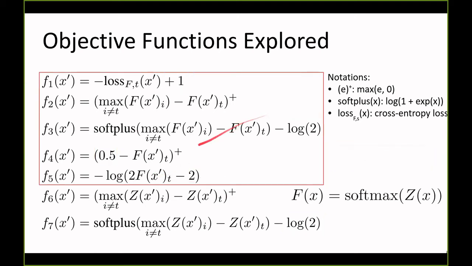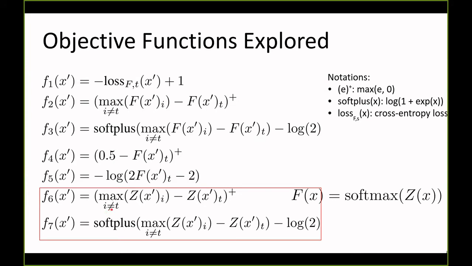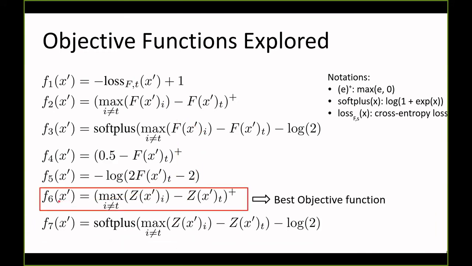You'll notice these first functions use the probabilities, and the second set of functions, F6 and F7, are simply a restatement of F2 and F3, except we've sent in the logits instead. So we're using Z instead of F. And they found that F6 ended up being the best objective function.